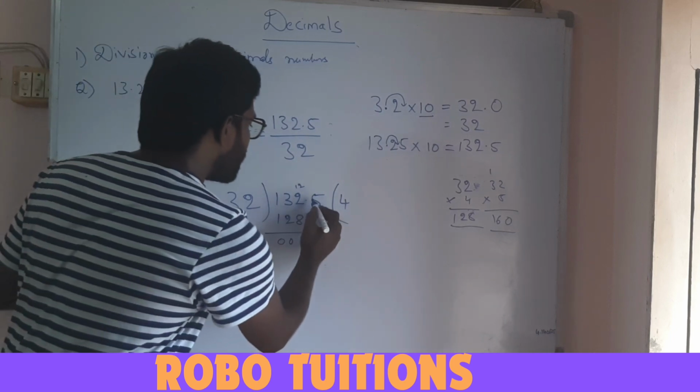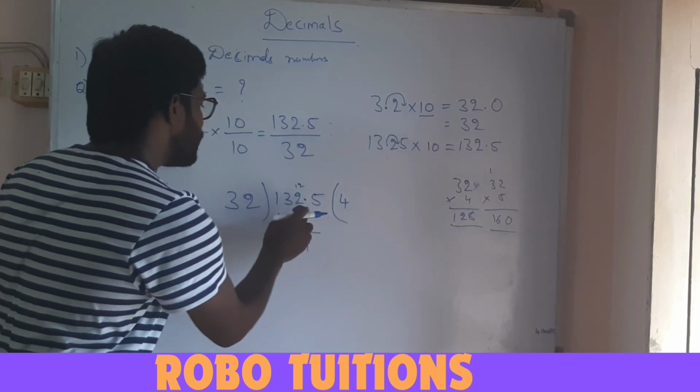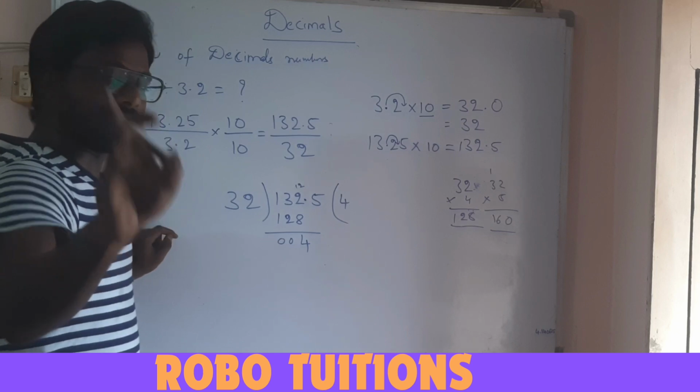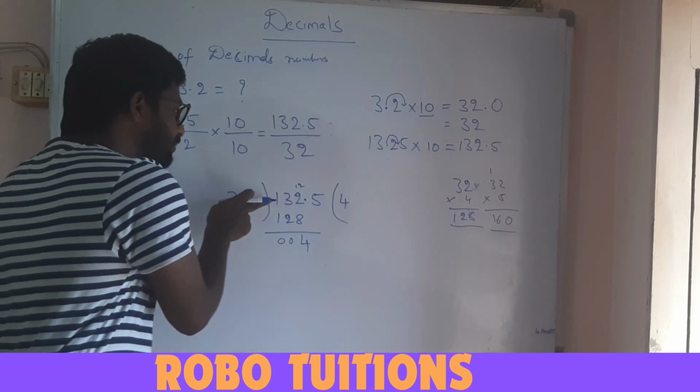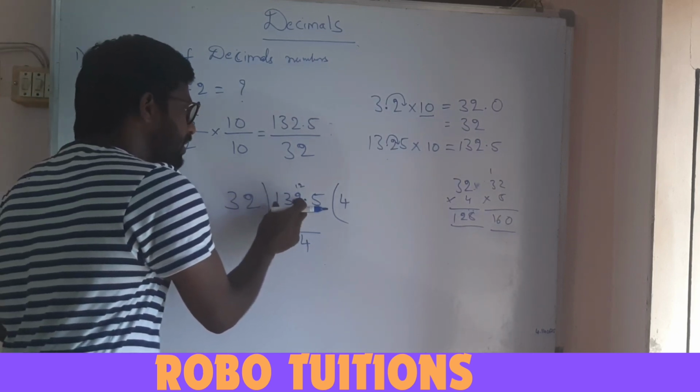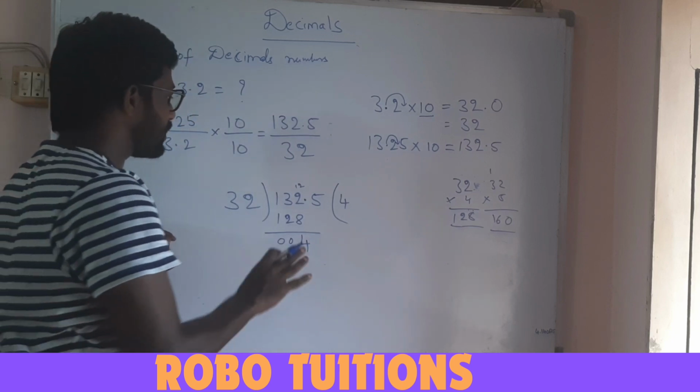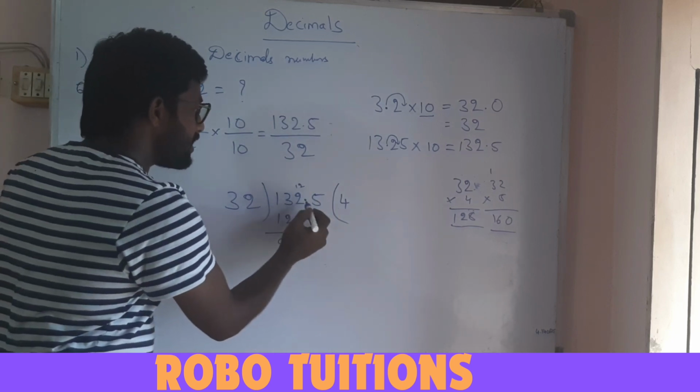But here you see, while going to the 5, there is an obstacle, that is the decimal point. When you are going from the right side, the three values are over, already separated, and after that there is a decimal point.